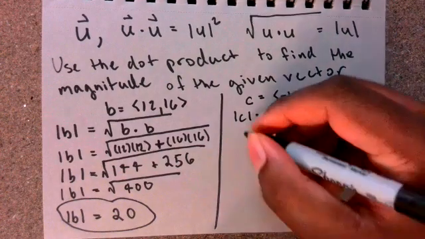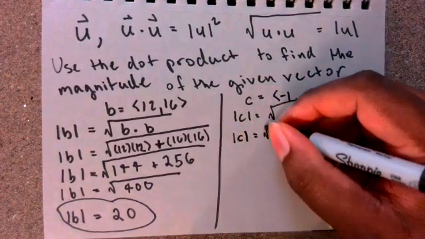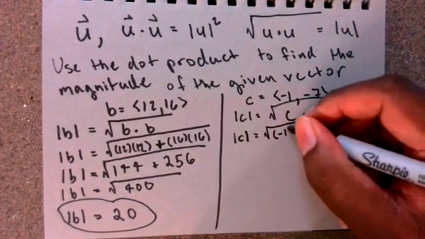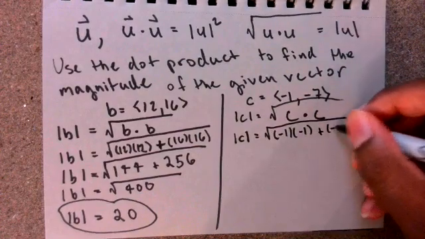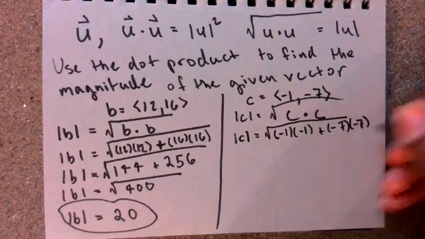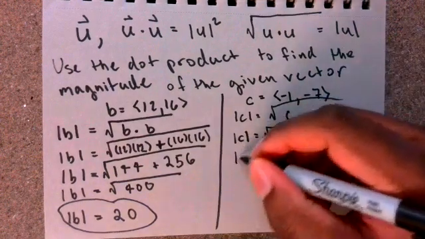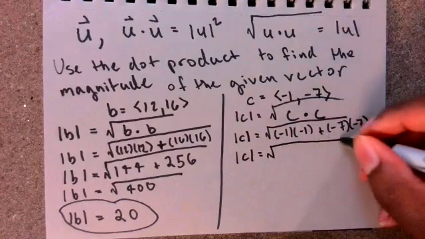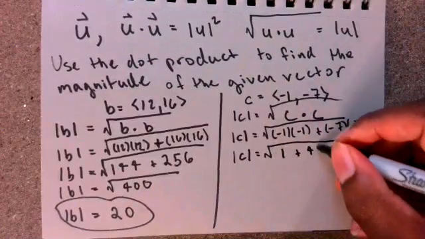So the magnitude of c is the square root of -1 squared plus -7 squared, which is the square root of 1 plus 49.